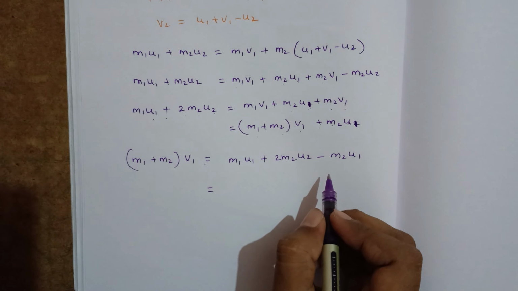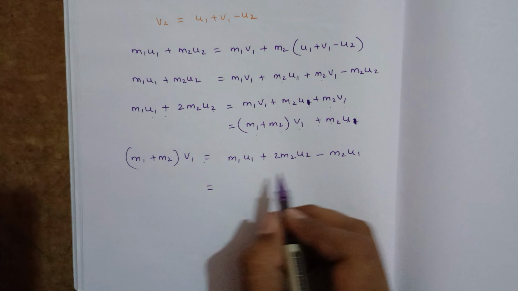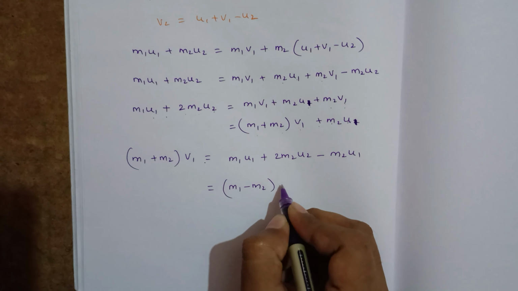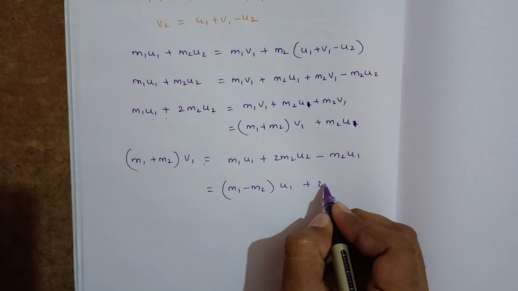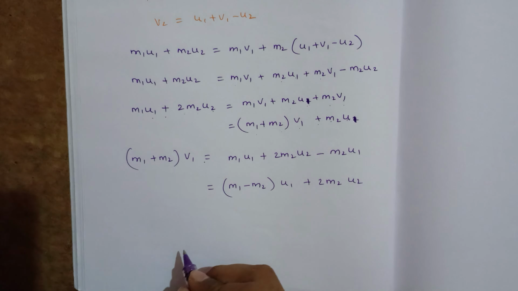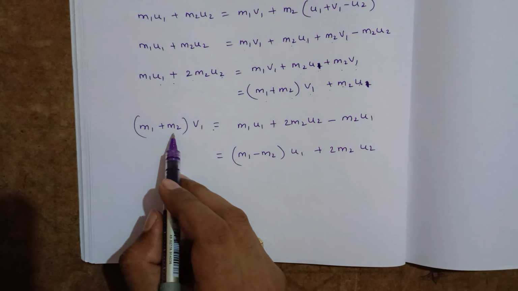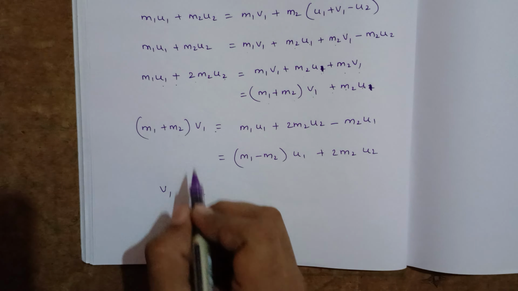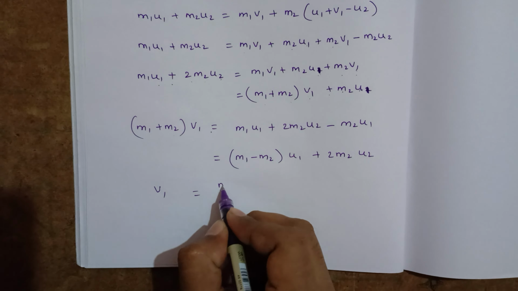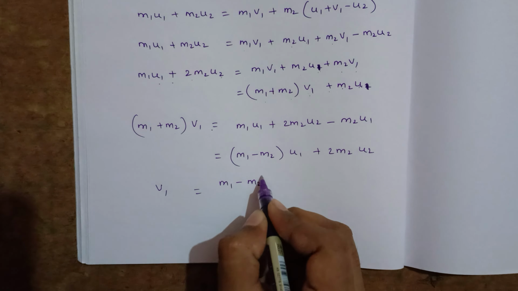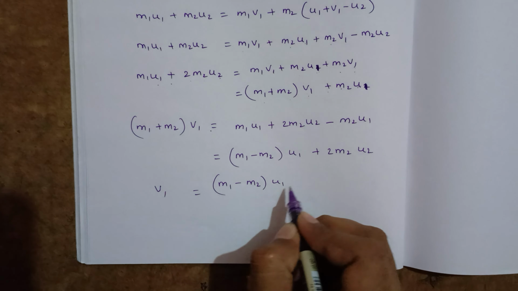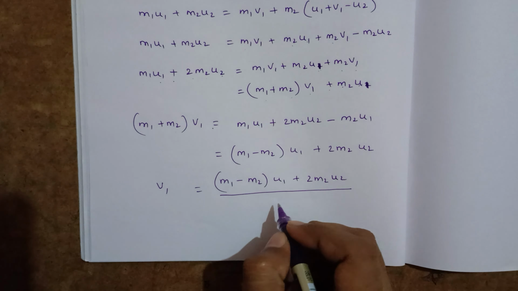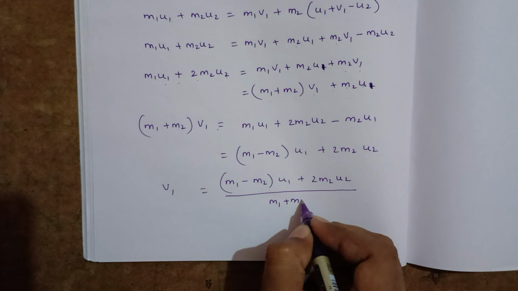Then from these two can we take u1 common? m1 minus m2 into u1 plus 2m2 u2. So this m1 plus m2 is coming this side, v1 equal to, here it is multiplying, coming this side divides: m1 minus m2 into u1 plus 2m2 u2 whole divided by m1 plus m2.